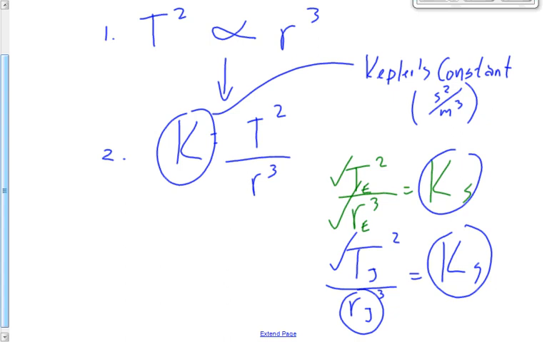So it allows me to find one piece of data for one planet revolving around the sun from data about a completely different planet, because these two numbers are equal to each other.